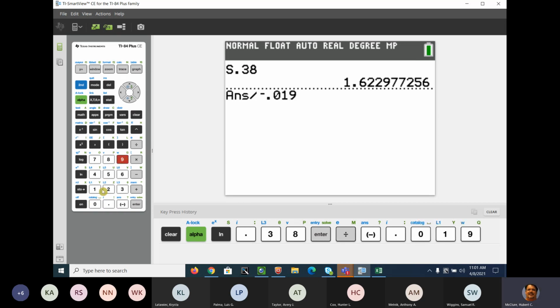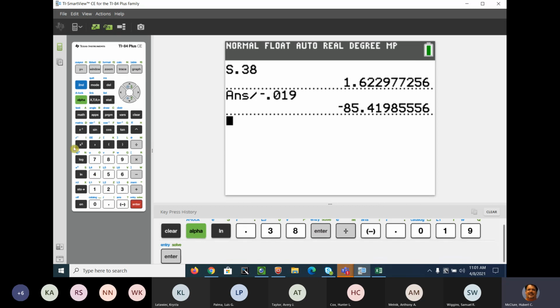I guess that's right. I get negative 85, and I don't think that's right. 85 minutes. So t is equal to negative 85.4199.